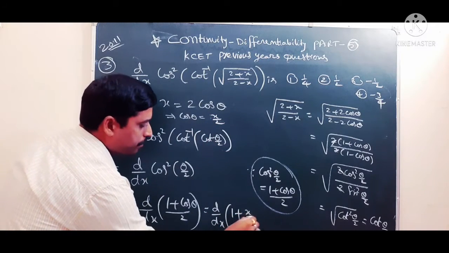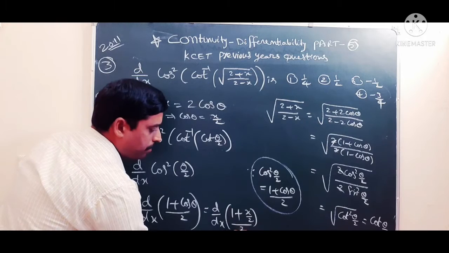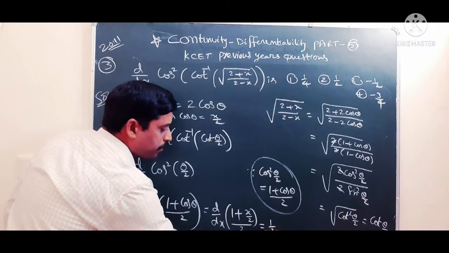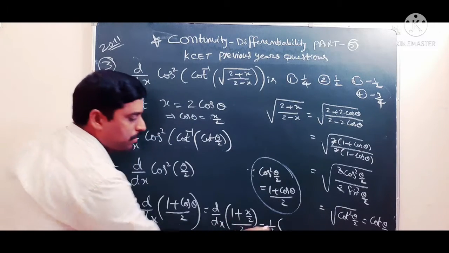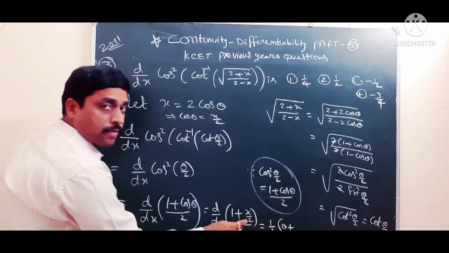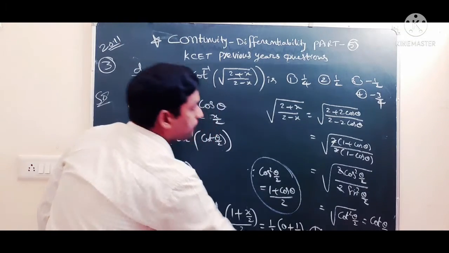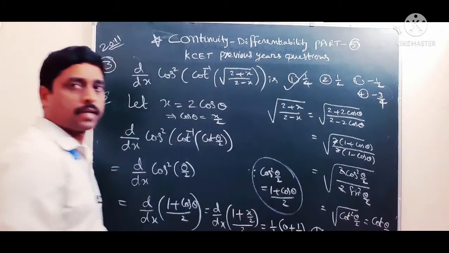Therefore 1 plus x by 2, this whole divided by 2. The derivative of 1 by 2 is a constant, so differentiation of 1 is 0. Differentiation of x by 2 is 1 by 2. So this will be 1 by 4. So the first option is correct.